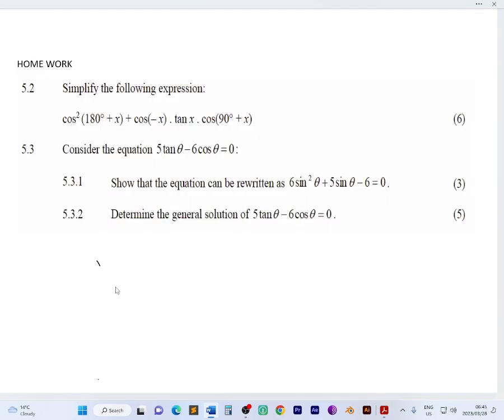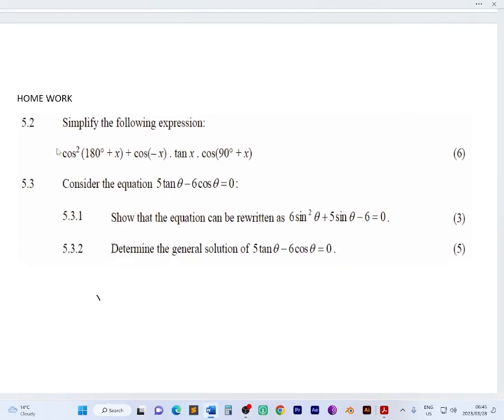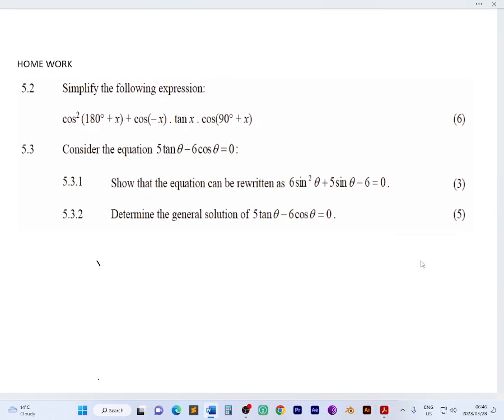Okay, so this is your homework. You've got homework for 5.2, whereby it's cos of 180 plus 80 degrees. You'll have to use the cast rule there. This is the cast rule that you have to use.